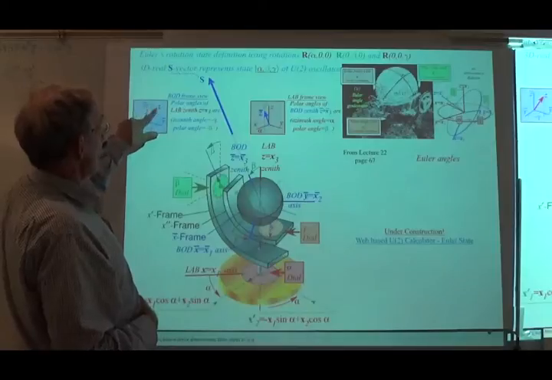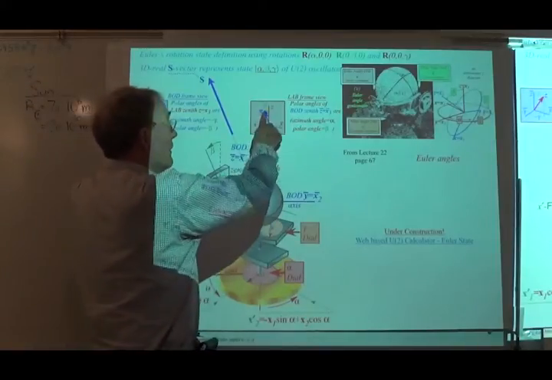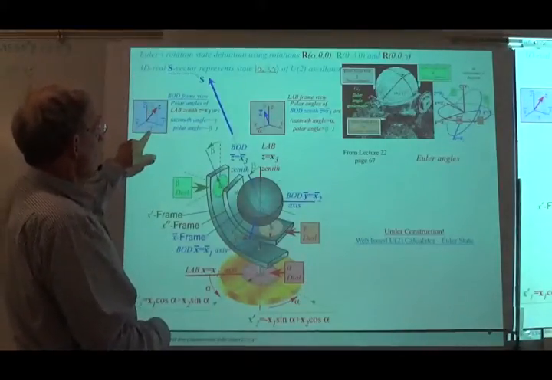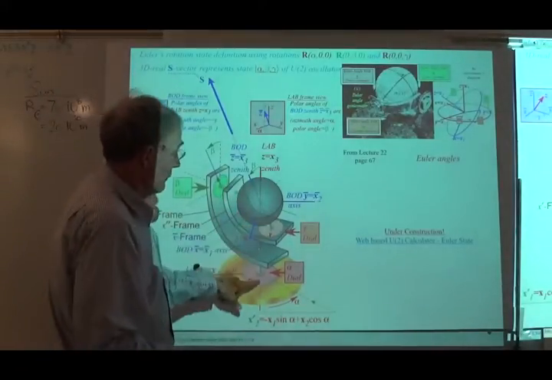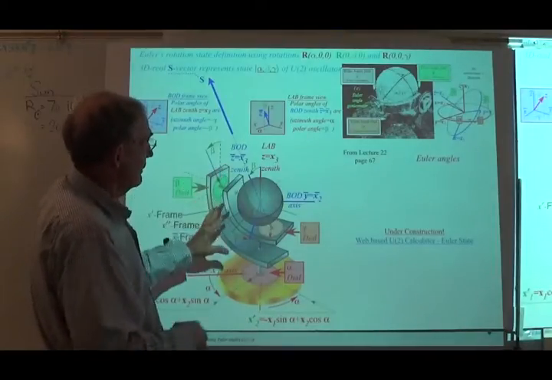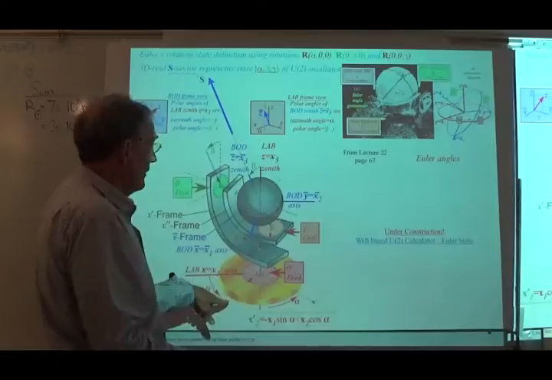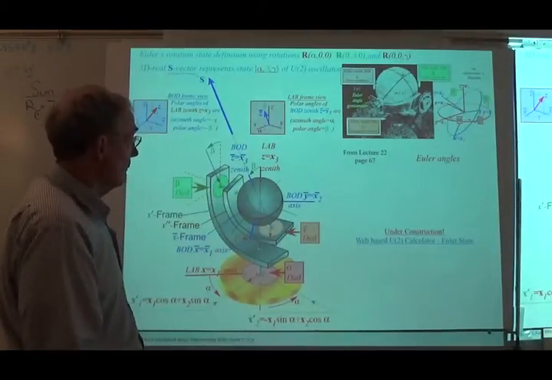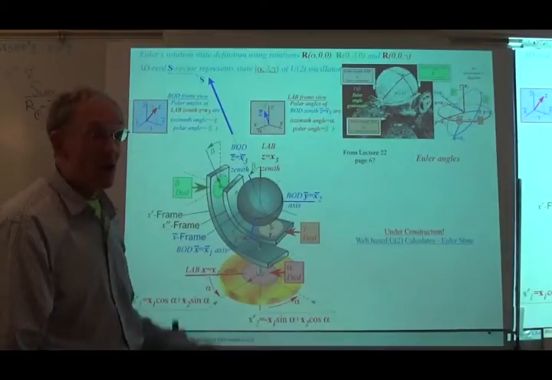There's the beta, even the beta. The beta they share, but with a minus sign for the body. The gamma and alpha they don't share. The gamma and alpha are separate dials. So this is sort of the connector right here between this space and that space, and the dial reading is telling you where you are with regard to polar angles for both of them.